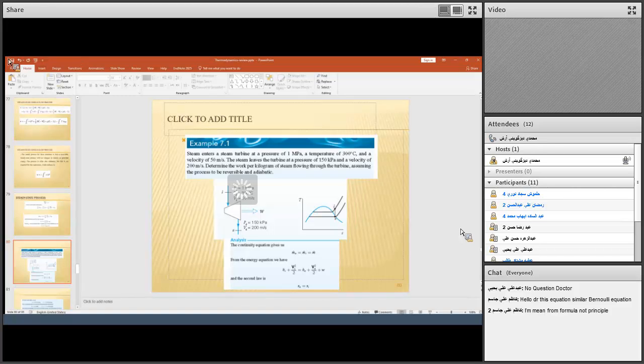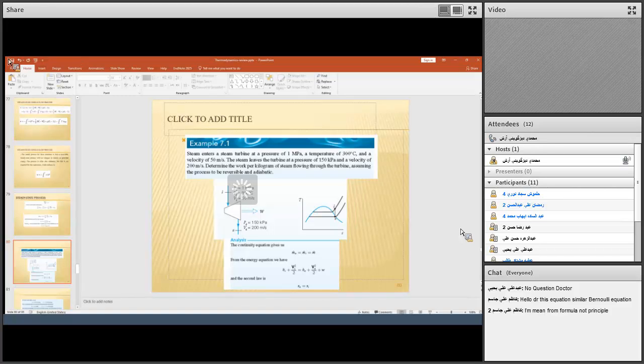The steam leaves the turbine at a pressure of 150 kilopascal and a velocity of 200 meters per second. Determine the work per kilogram of steam flowing through the turbine, assuming the process to be reversible and adiabatic.